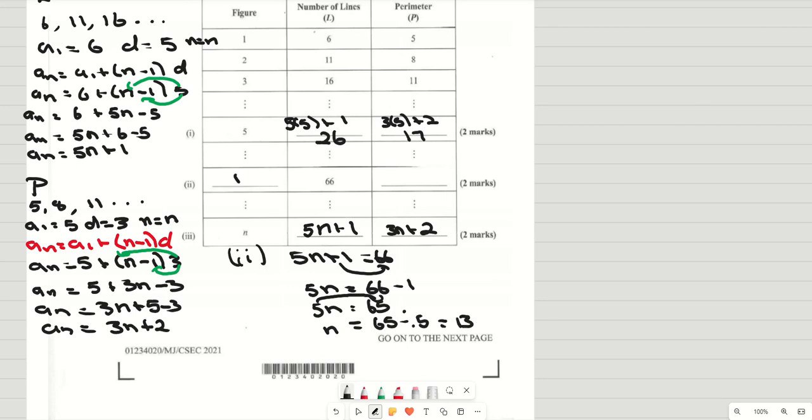So N is equal to 13. Once you know what N is equal to, this is easy. It will be 3 times 13 plus 2. 3 times 13 is 39, and 39 plus 2 is 41. So that would be the answer for part B, along with your working.